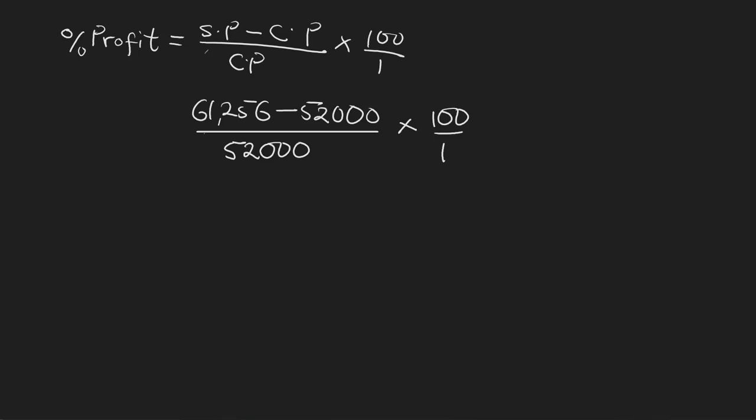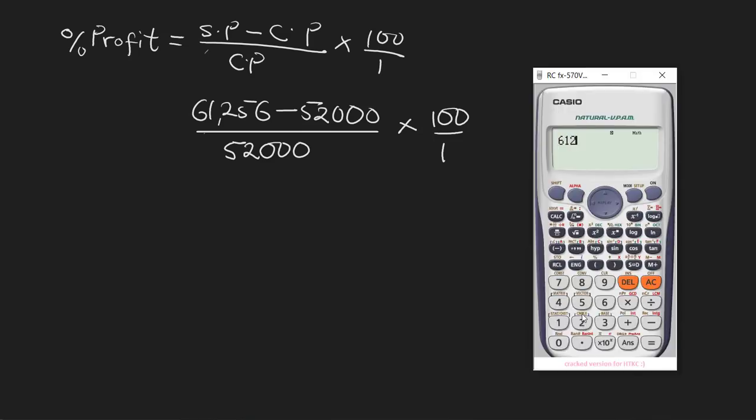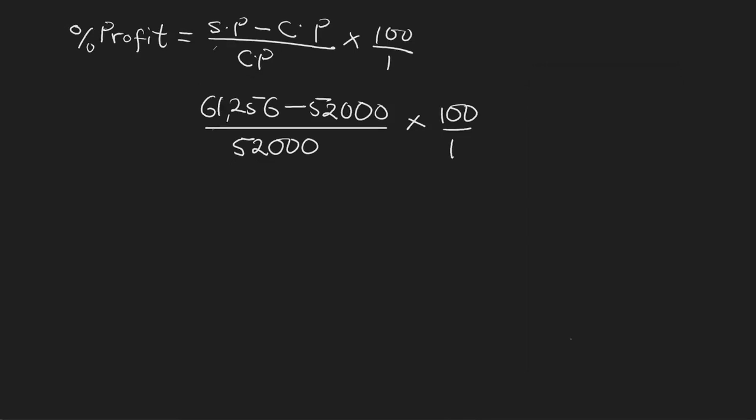So let's subtract it. 61,256 minus 52,000 is equal to 9,256. It's 9,256 over 52,000 times 100 over 1.